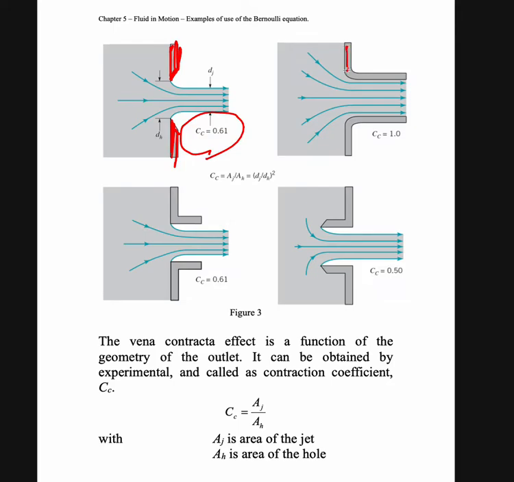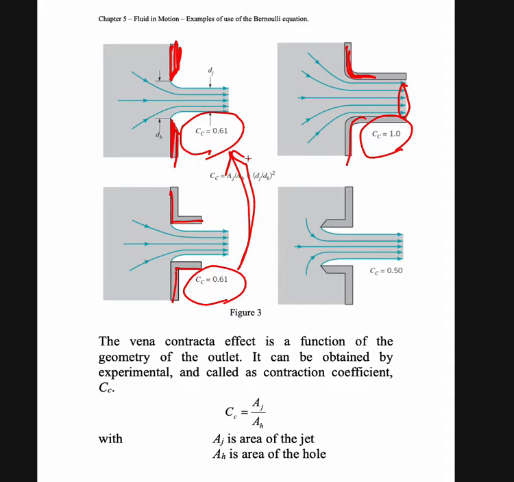If we have a slightly curved nozzle here, the CC becomes 1.0. That is quite good, because the cross-sectional area of water here is 100% the same as the diameter of the hole. And then if we do like this, we have a CC of 0.61, not much change from the above design.